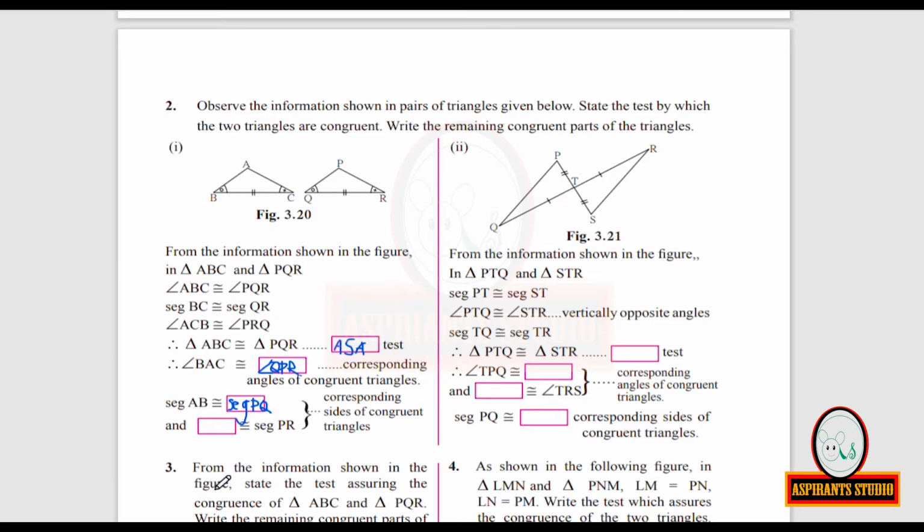So you will get segment AC here. Segment AC is congruent to segment PR.